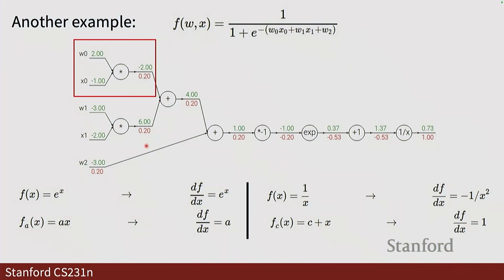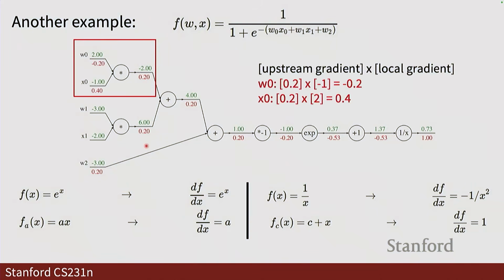Then we have multiplication operations. With multiplication, upstream gradient, again, we have the values, and the local gradient with respect to a multiplication is, say, for example, a multiplied by x, the derivative of this with respect to x is always a, the other variable, right?